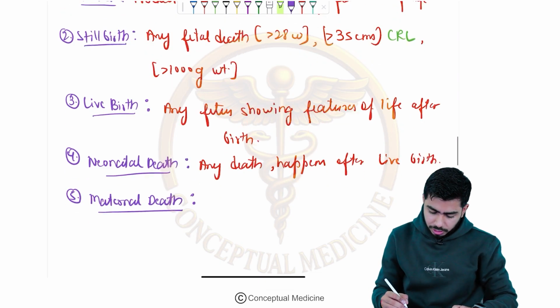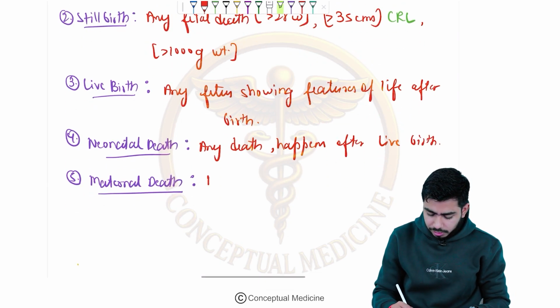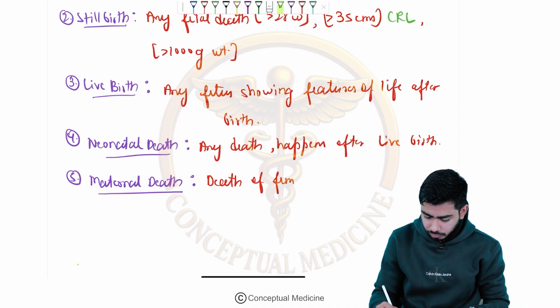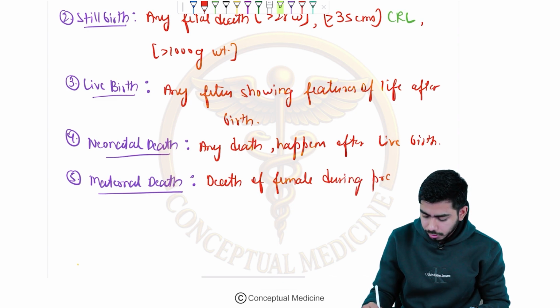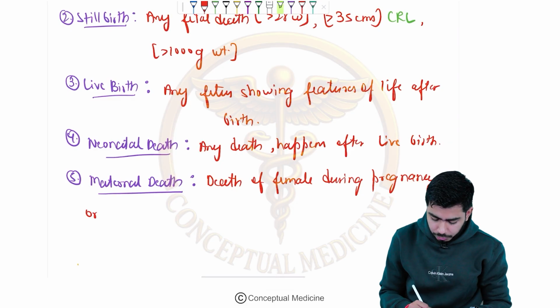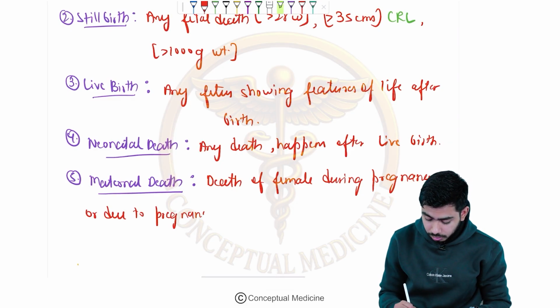So what is the maternal death? Maternal death is death of female, or the death of mother, during pregnancy or due to pregnancy related causes. That might also take the life of the mother.